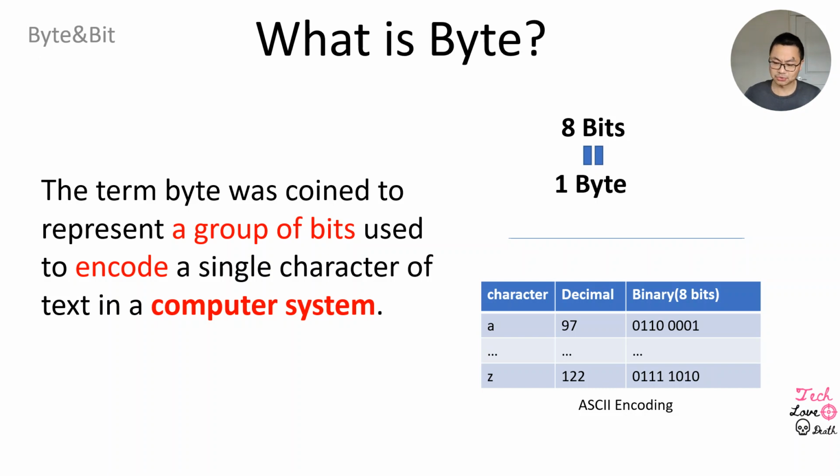Why do we need to use encoding? Actually, encoding is a conversion from character to binary data. We can see here. The character is A, the corresponding binary is 0110 0001.